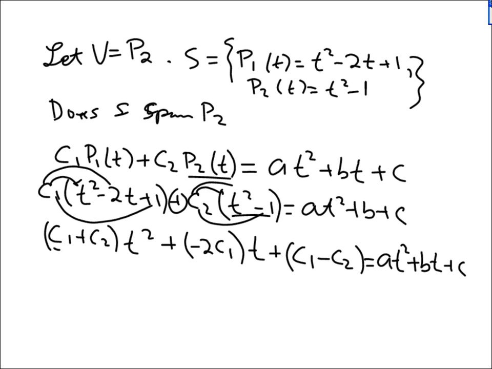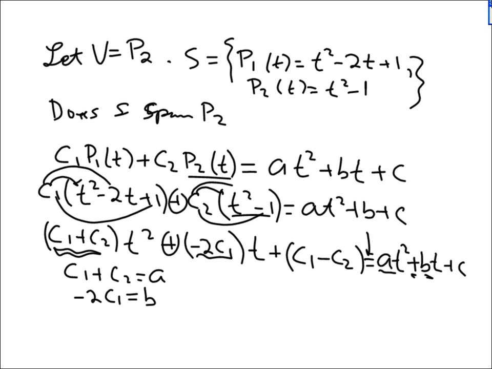Well, for this equal sign here to be valid, the coefficients of the t squares have to be equal. So C1 plus C2 must equal a. Notice they both have a number of t's. The number of t's on the left, negative 2C1, must equal b.